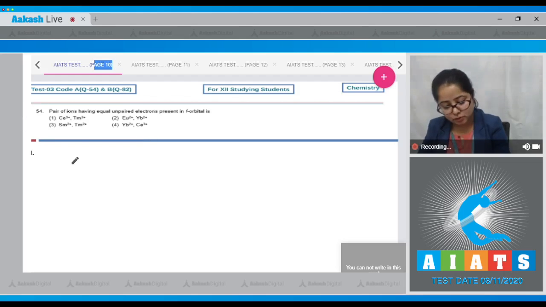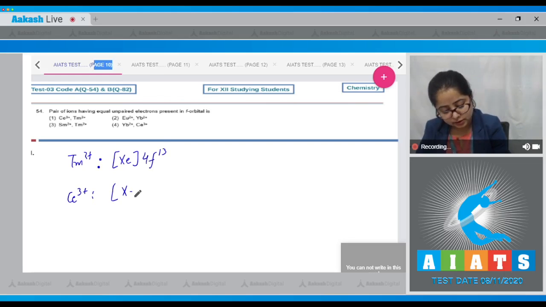So student, I'm solving this question. In option number 1, Tm2+ and Ce3+, the electronic configuration is xenon 4f13. Here it is xenon 4f1.